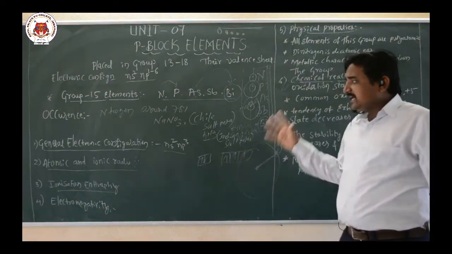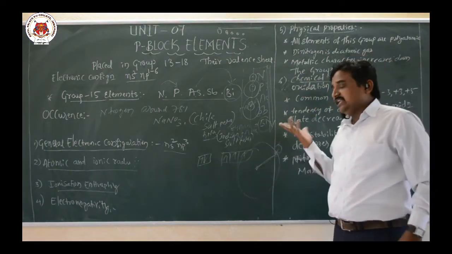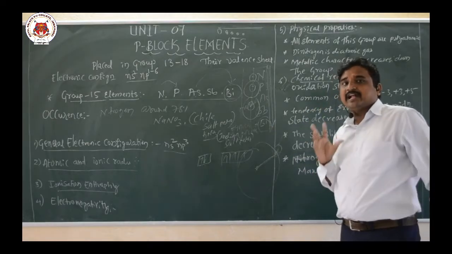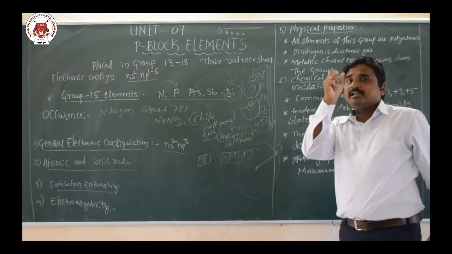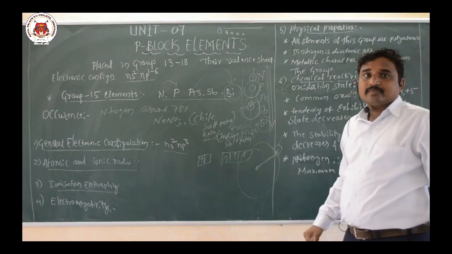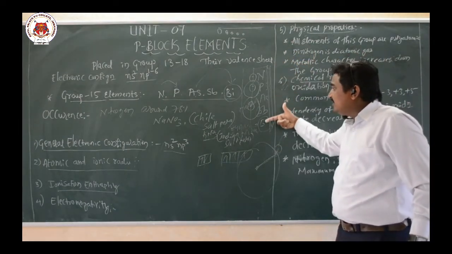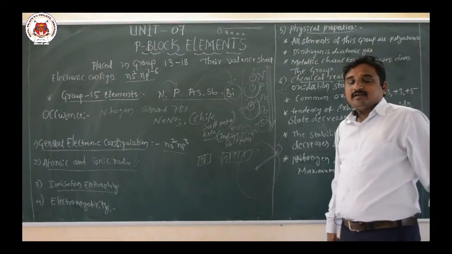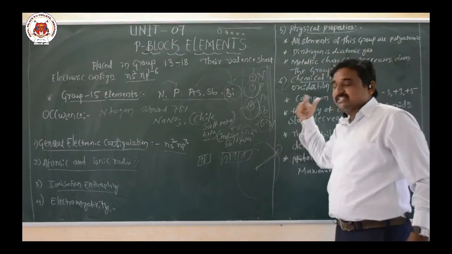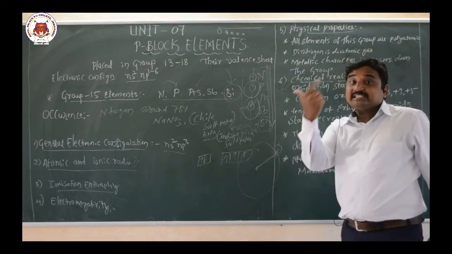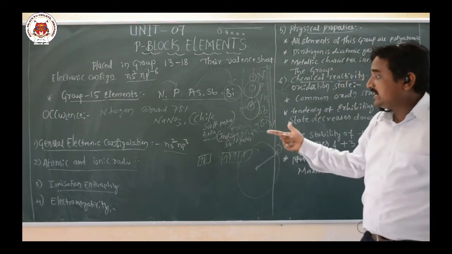Now electronegativity, you know that one: the tendency of an atom to attract the shared pair of electrons towards itself. Down the group, electronegativity decreases because size increases. As the size decreases, the electronegativity increases.